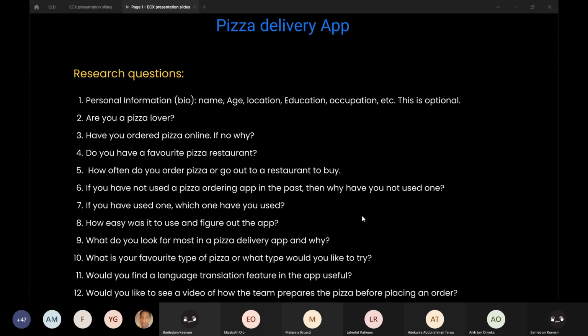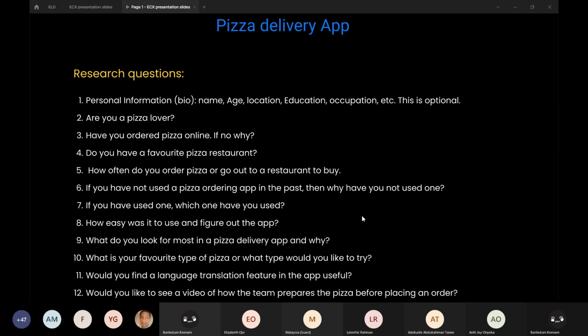I don't know if they like the idea. I don't know what features they would love to have on the app. I don't know a lot. So I have to conduct my research. So I document my research goals and choose a suitable research method because I'm a student. I don't have time to conduct a one-on-one interview.